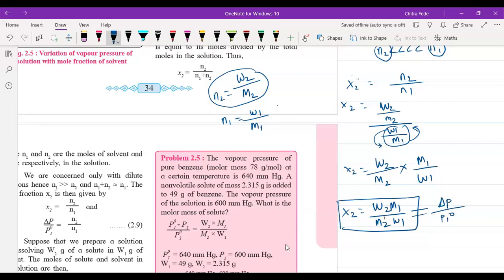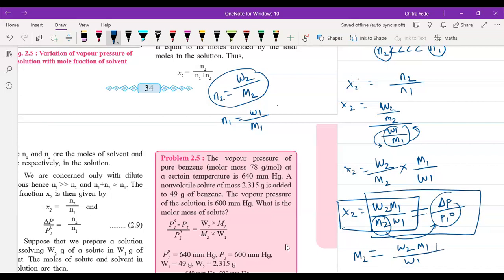Now we have to calculate the molar mass, so we transfer the molar mass to one side and the rest to the other. So M2 equals W2 into M1 divided by W1, into P1 zero divided by delta P. This is the formula to calculate the molar mass of solute from the lowering of vapor pressure.